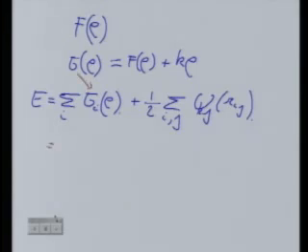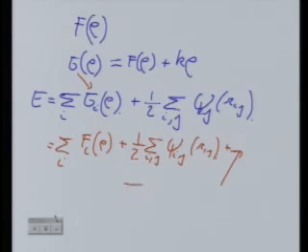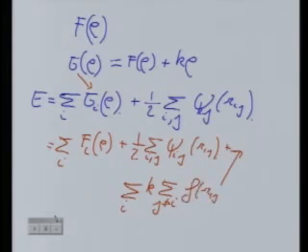So I get that this is sum over i of f_i of rho plus 1/2 sum over i, j of psi_ij of r_ij plus sum over i, sum over j not equal to i of f of r_ij, where rho_i was sum over j of f.